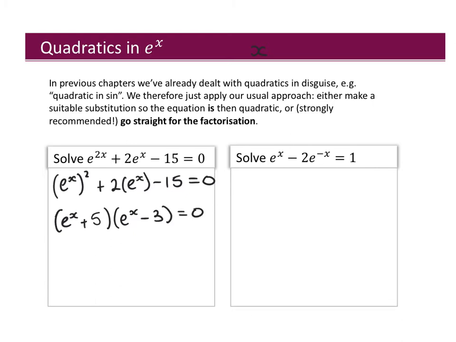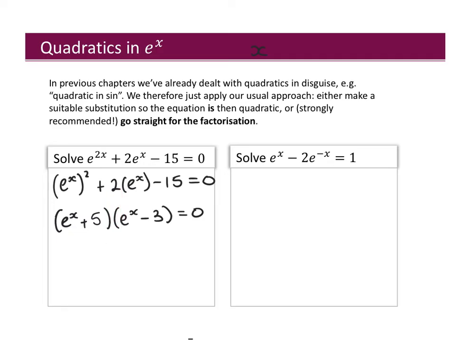Okay? What can we do now? Well, yeah, so now we can double check. e to the x times e to the x is e to the x squared. 5 times minus 3, negative 15. 5 times e to the x is 5e^x. e^x times negative 3 is negative 3e^x. 5e^x minus 3e^x, 2e^x. Okay?